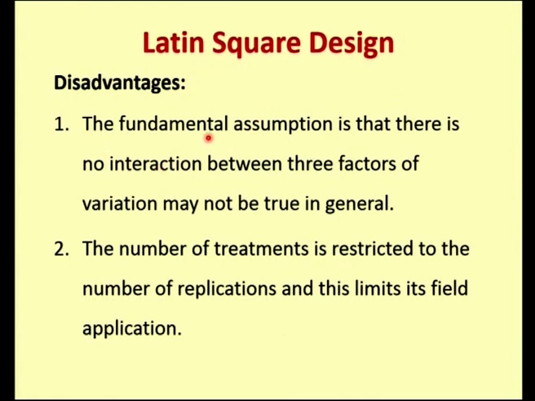So, the fundamental assumption here is that there is no interaction between the factors, which may not be true in general. And the second disadvantage is that the number of treatments is restricted to the number of replications, and this limits its field application. So, at this point we could emphasize that when we increase the replicates or treatments, we have as many rows and columns.